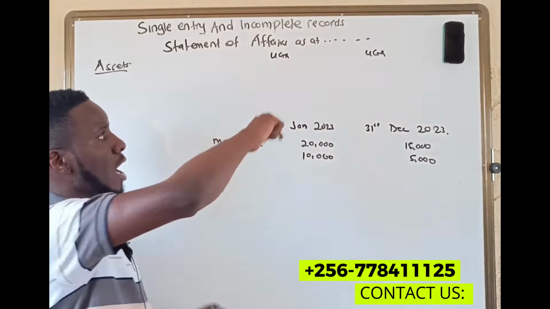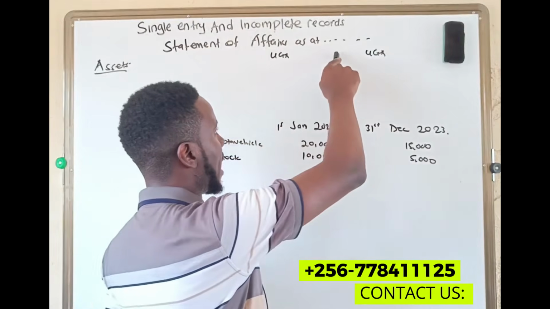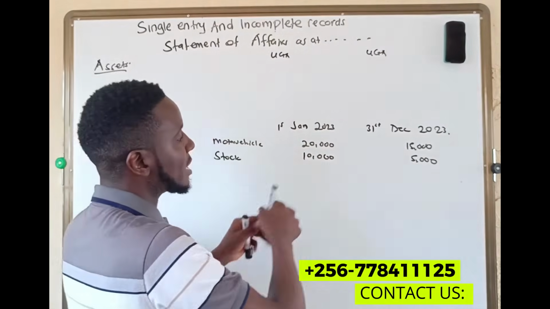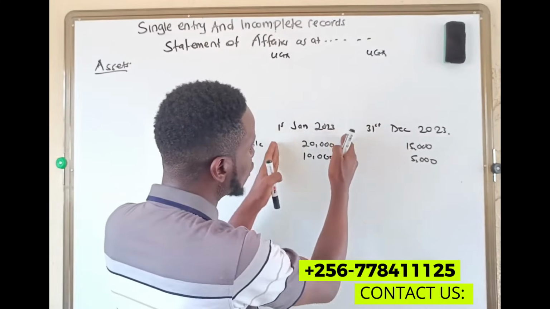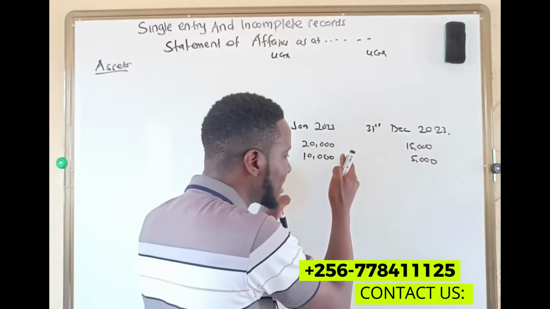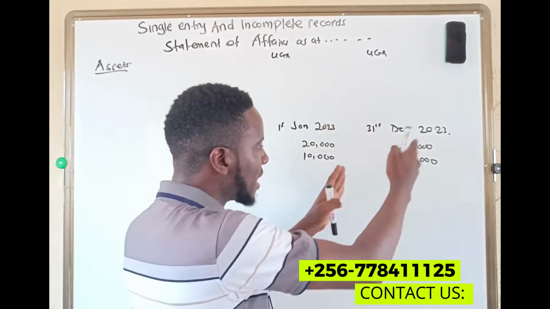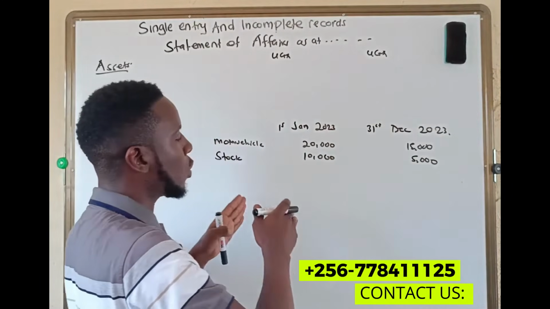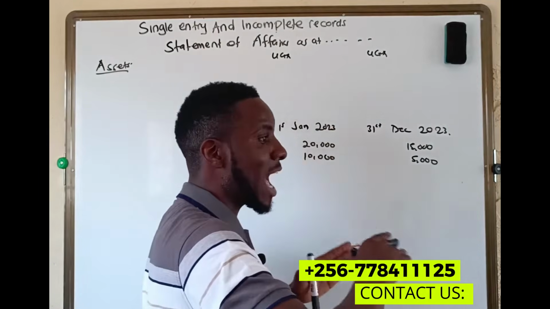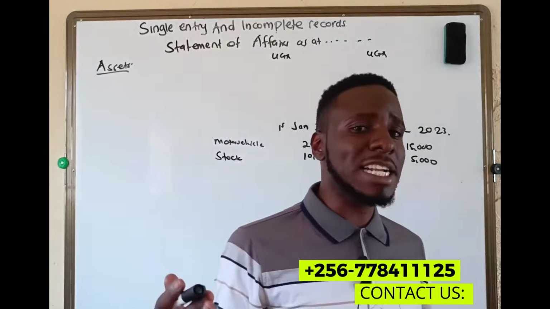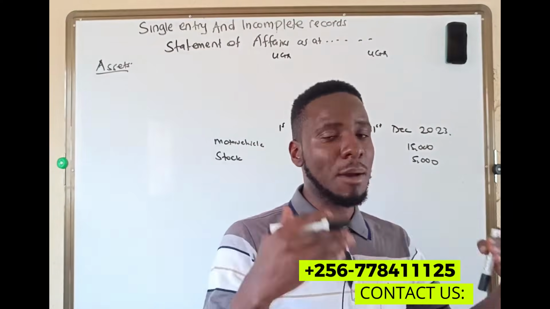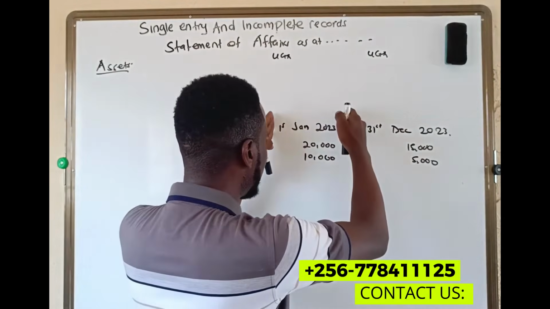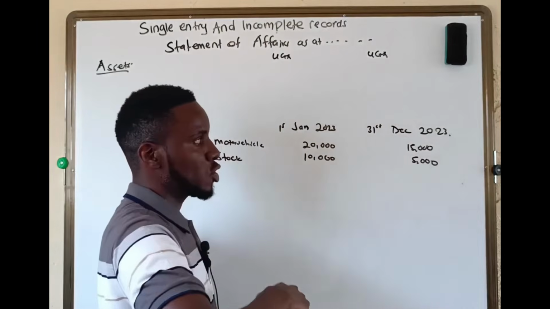To establish the opening capital, we shall only take the values as at 1st January, not at the end of the year, because we need to know how much we started our operations with. How much did we start our business with? So we shall take the items in the list of balances under 1st January 2023.